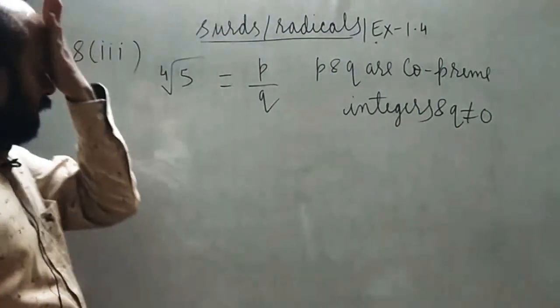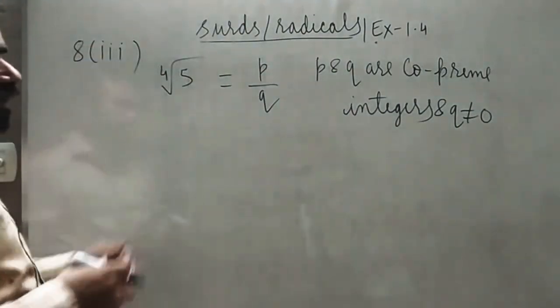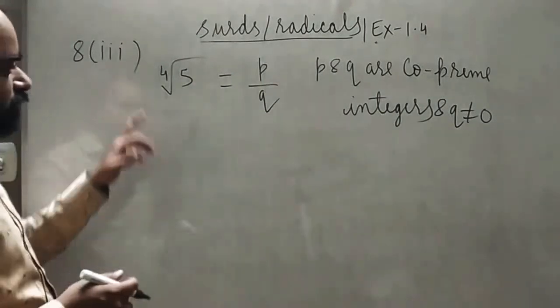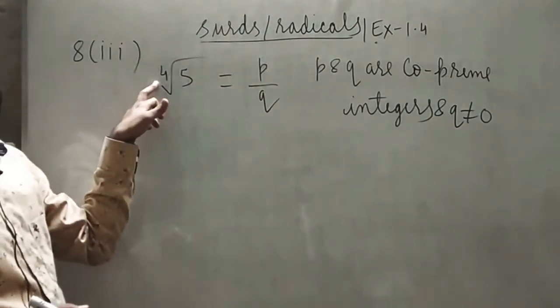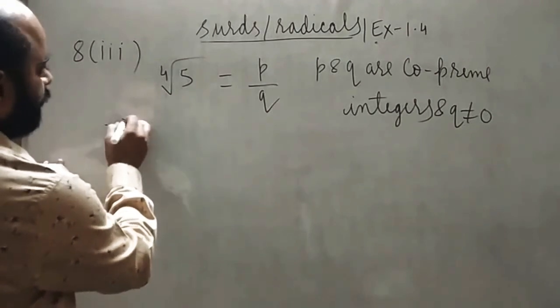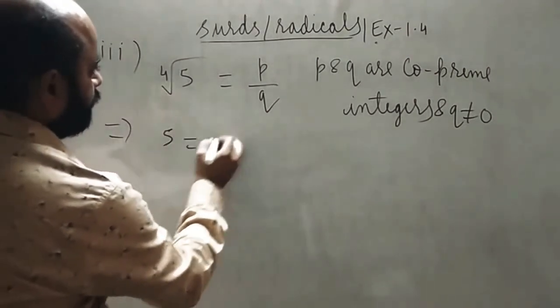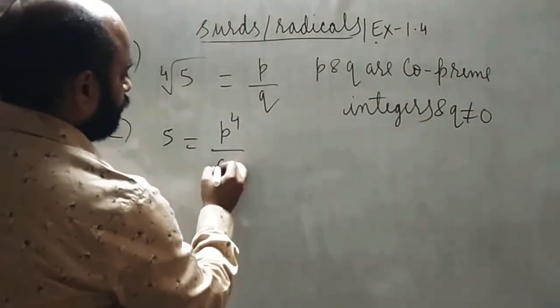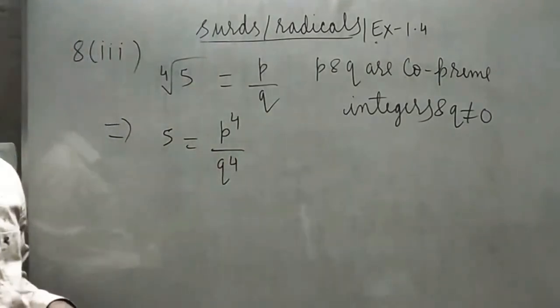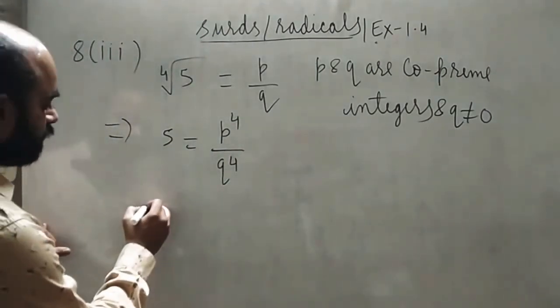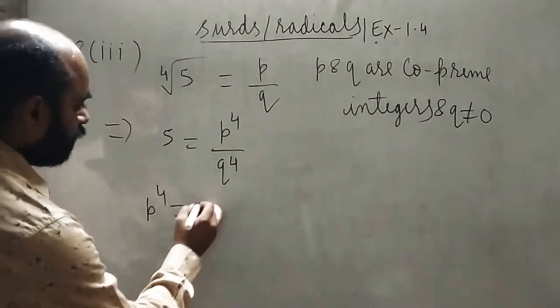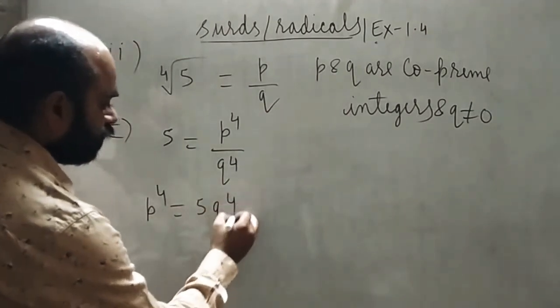Correct? Now in this case we have to take the power 4 on both sides, so that we can remove this index 1 by 4. So when you take power 4, this will become 5, and this will become p to the power 4 upon q to the power 4. So we can write it as p to the power 4 is equal to 5 q to the power 4.